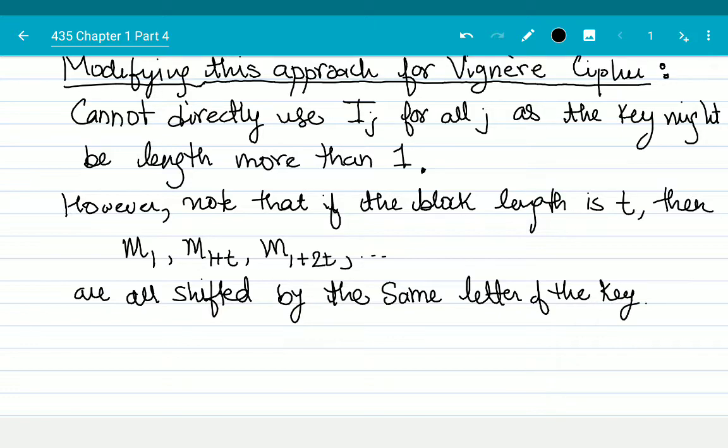So all of them are going to be shifted by the same letter, and so what we do is we look at different block lengths.